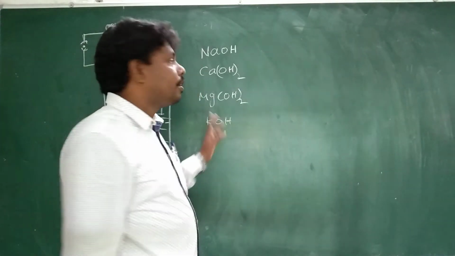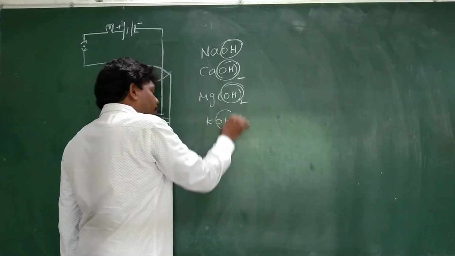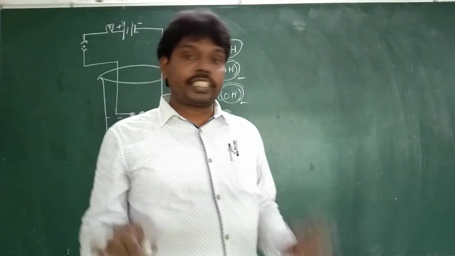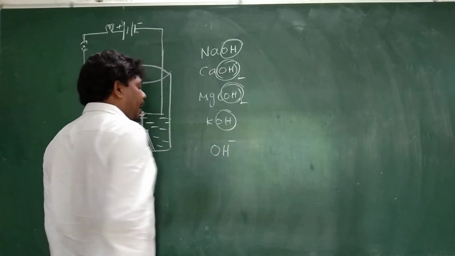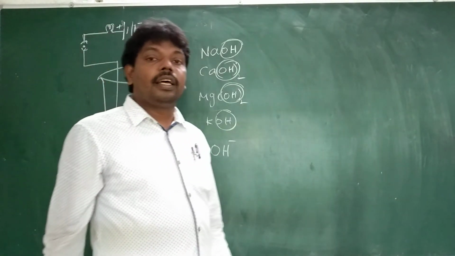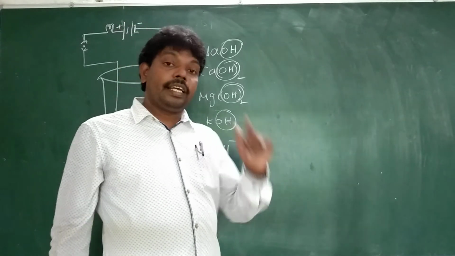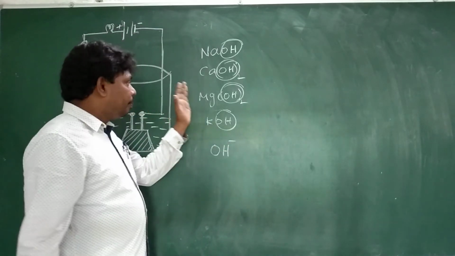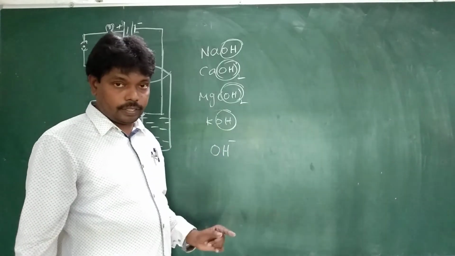You may observe here OH, OH, OH. So you can say that the OH minus hydroxide ion is common in all bases. In acids, H plus is common in all acids. Likewise, in bases, OH minus is common in all bases.